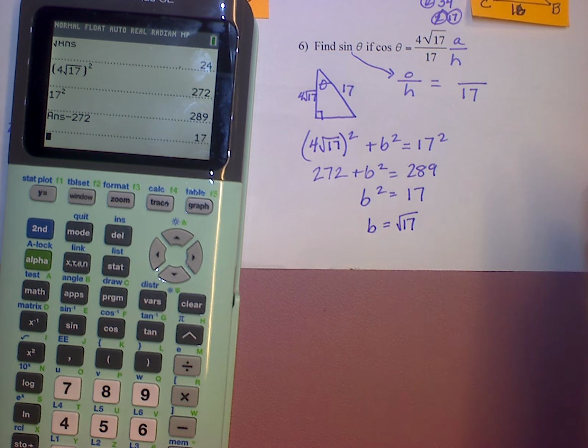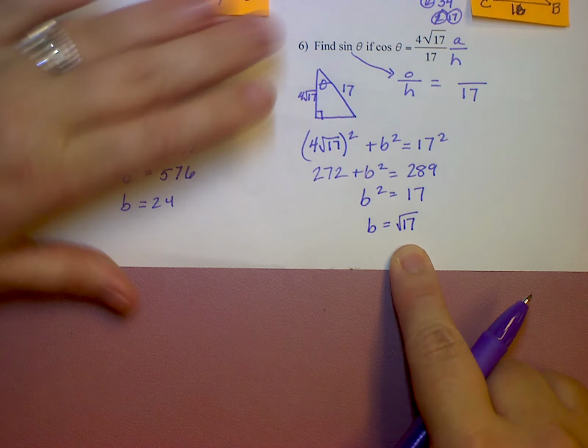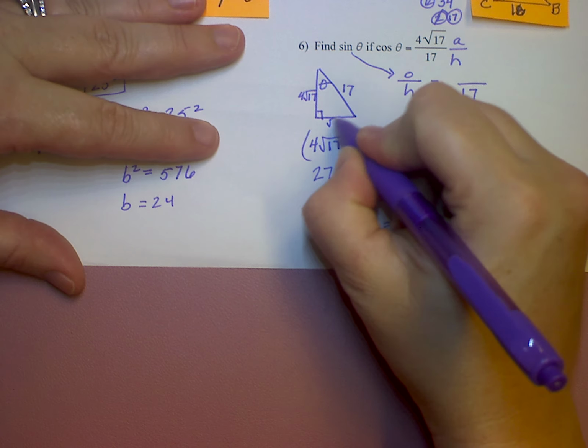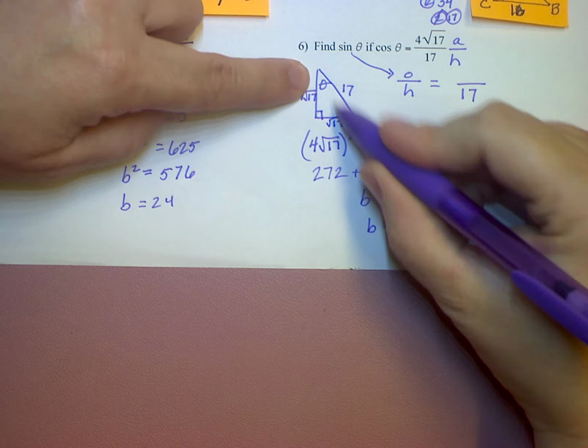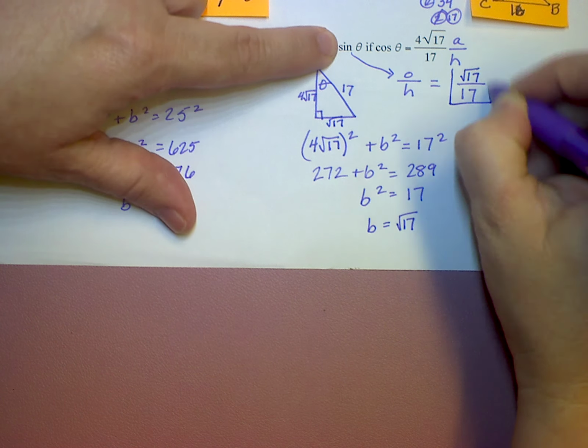Is that what you got for B? Or for the other side? Rad 17? So if I put rad 17 there, that's the opposite. So the sine of theta would be rad 17 over 17.